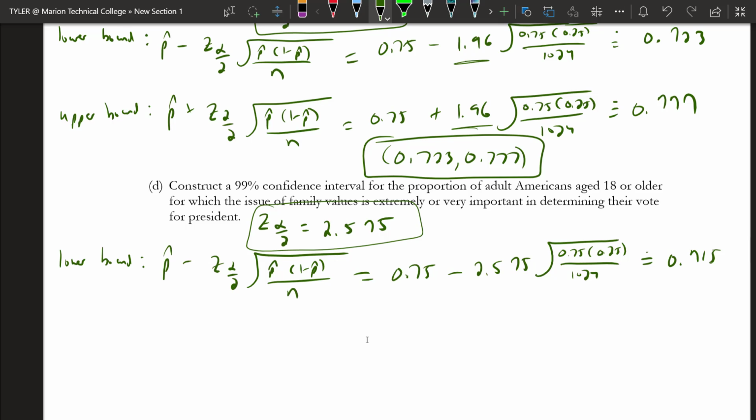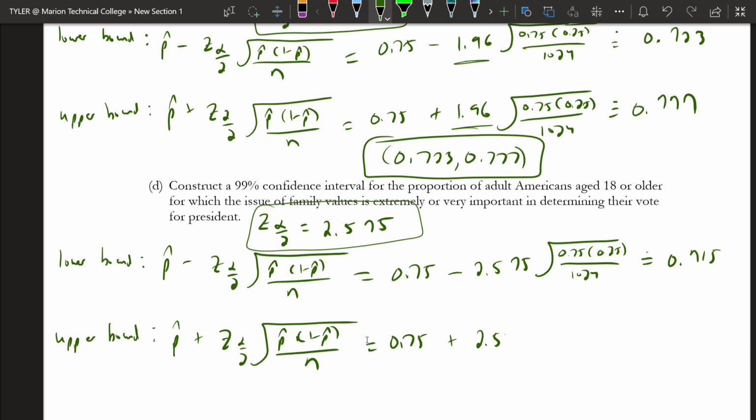Right, so this lower bound comes out to be approximately equal to 0.715. And the upper bound will be p hat plus the critical score times the standard error, which is 0.75 plus 2.575 times the square root of 0.75 times 0.25 divided by 1024.